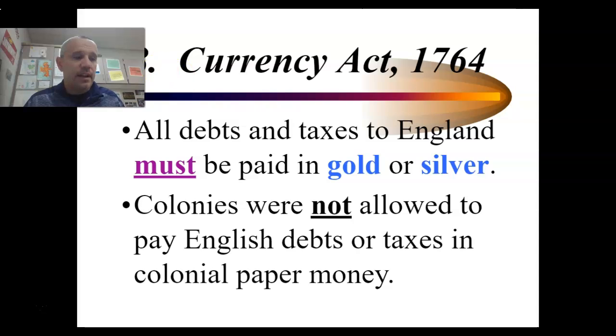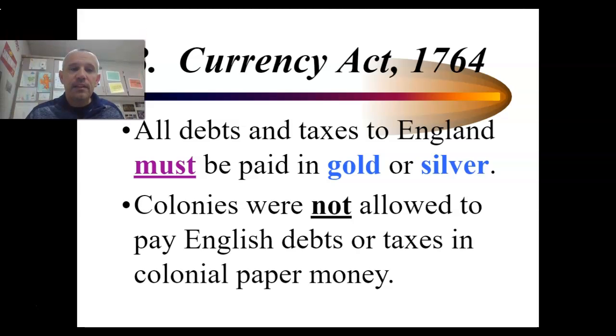Number 8 is the Currency Act. The Currency Act of 1764 didn't affect your average everyday citizen. It really affected more of your merchants and people who owed debts to England and did a lot of trading with England. What this law said basically was that all debts had to be paid in gold or silver.